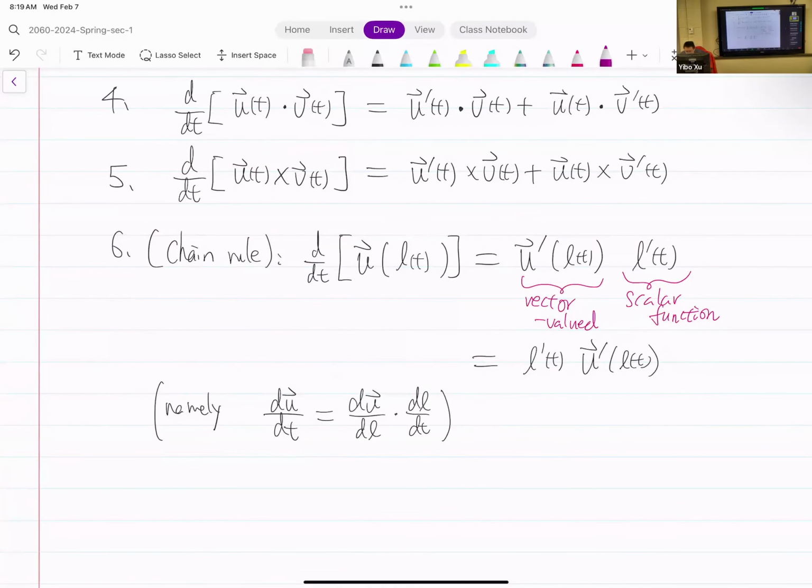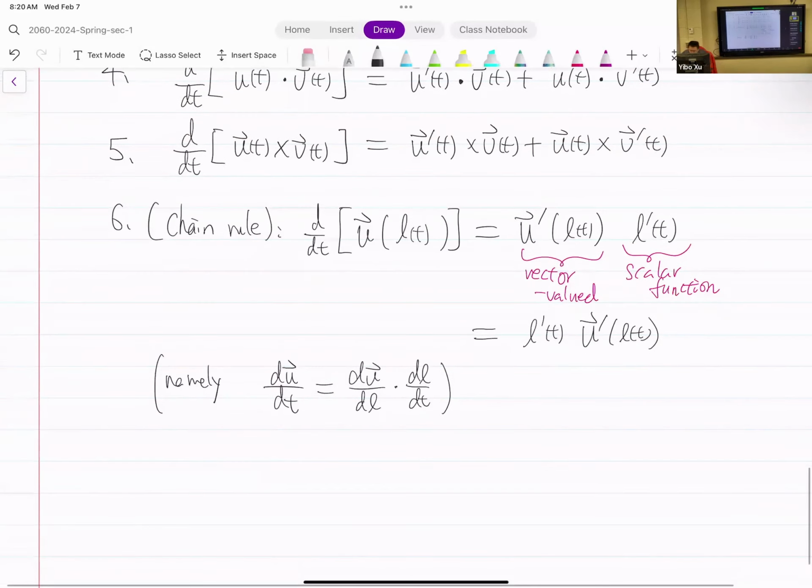Here you can see everything is pretty much the same as before, except that the outer function u is now a vector function. In the old days, you just have du dt equals du dl times dl dt without the arrows of the vector functions, but now we have those. Everything is pretty much the same from Calc 1. Okay. Next one.